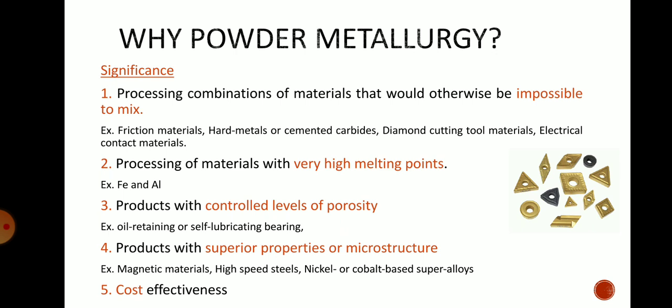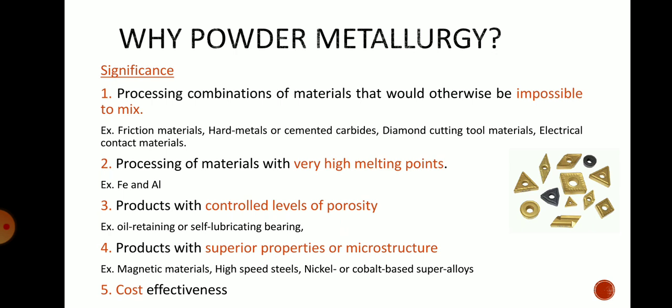That self-lubrication can be done using small pores in the bearing. These pores we get inherently in the bearing by using powder metallurgy, so the porosity of the final product can be controlled. This is a very important significance of powder metallurgy.